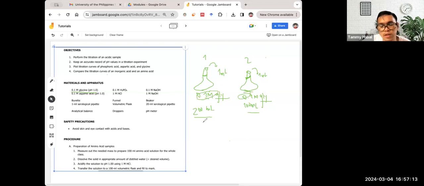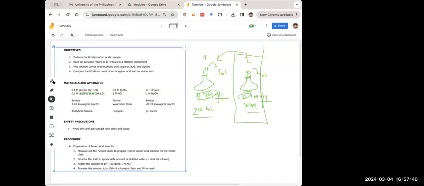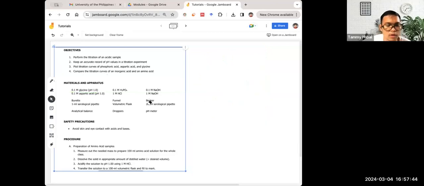In this case, you have a greater volume but the same concentration. It's like you're having twice of this, but the concentration is still the same. If you prepare two of this to create this, you get my point.